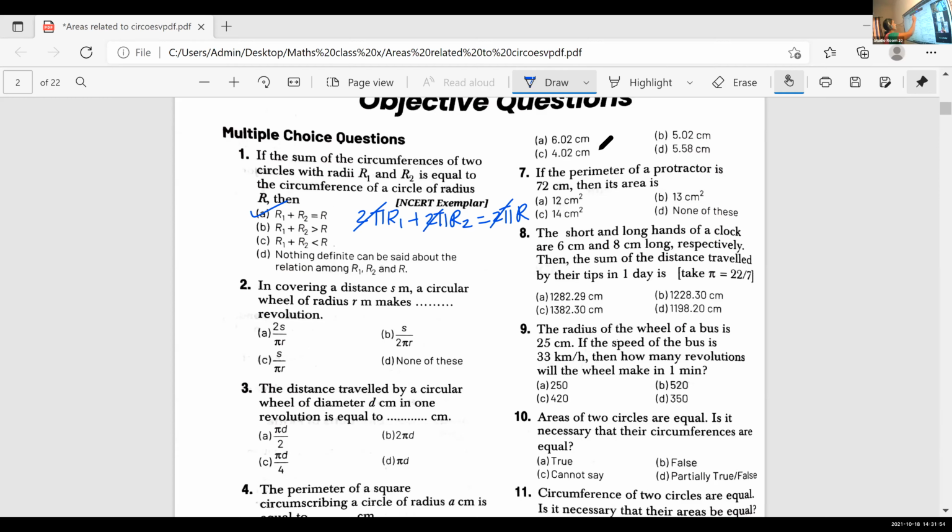So, what is the distance? And what is the circumference of a circle? A wheel is a circle, isn't it? Circumference of the circle is 2 pi r. So, what will be the answer? S by 2 pi r. Yes.